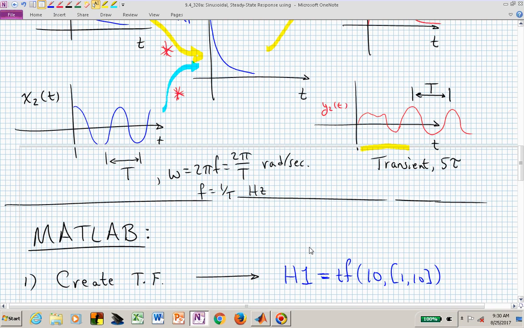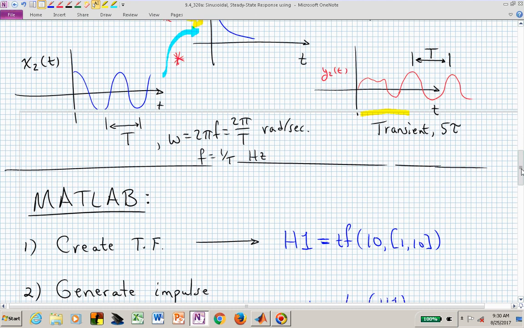And what we want to do first is create the transfer function, and that's fairly straightforward in MATLAB. We simply issue the function TF and have particular arguments. We have a numerator argument, that's the first argument, and then we have a denominator argument, and any polynomial is now written as a row vector.